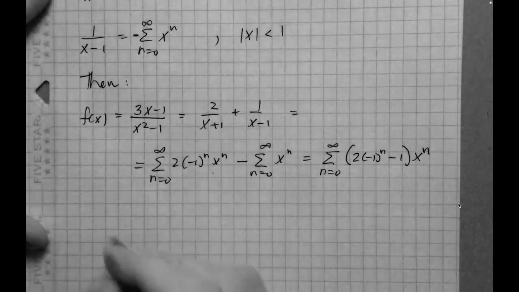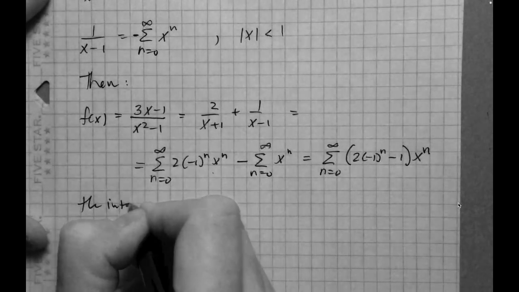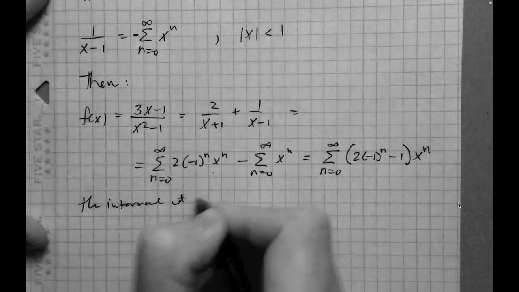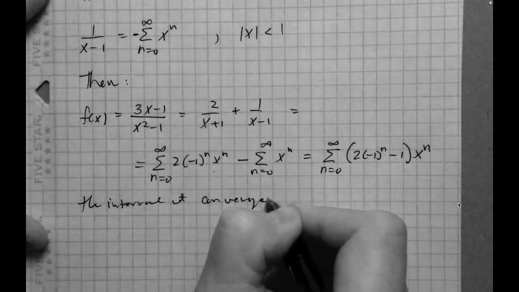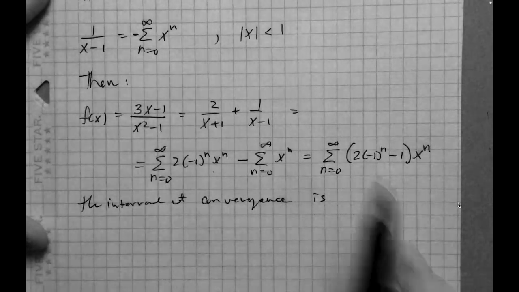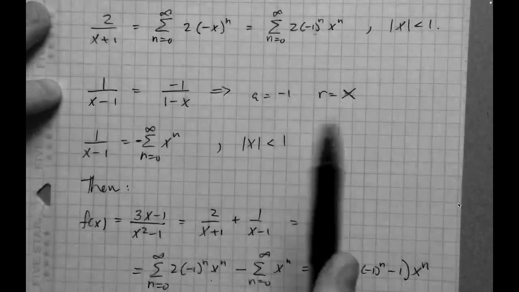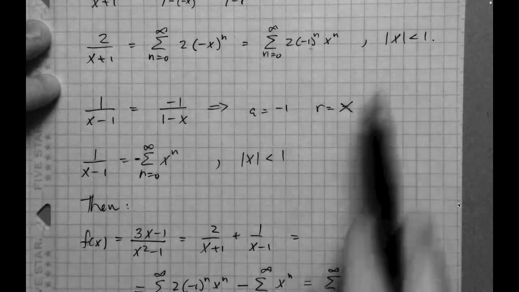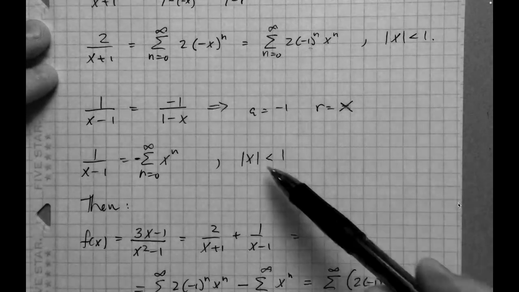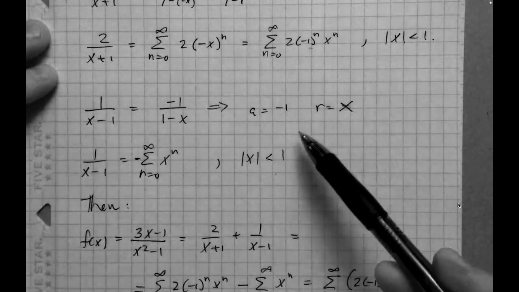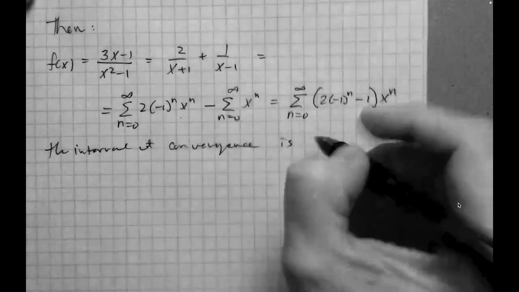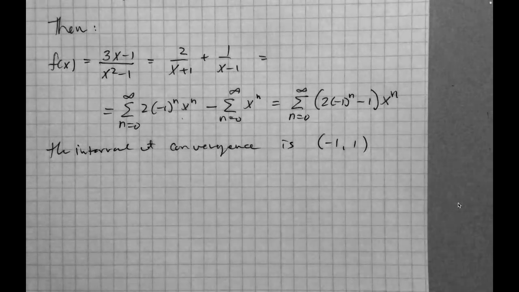So the interval of convergence is going to be the same as the previous two, right? These both converge. They're centered at 0 and they converge within a radius of 1. And so the interval of convergence here is negative 1 to 1 as well.